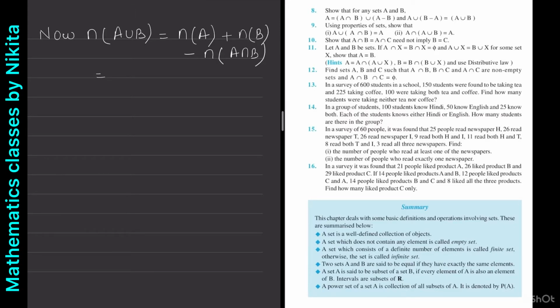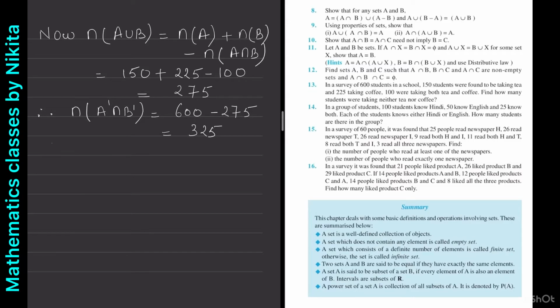It is given that N of A is 150 plus 225 minus 100. So what you will get? You will get 275. Now therefore N of A complement intersection B complement is equal to 600 minus 275, which is equal to 325.